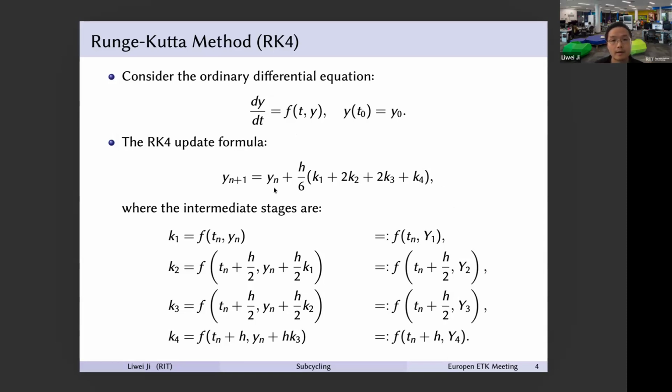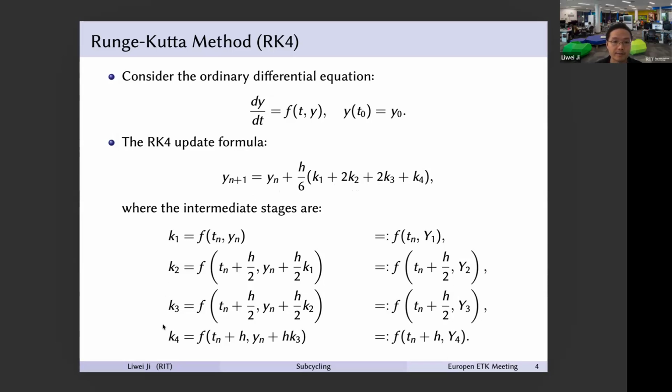Yn is the beginning of the current time step, and Yn+1 is the finish of the current time step. At the beginning, we have initial data Yn, and we prepare the intermediate right-hand sides, the Ks. Then we can use this expression to get y at the final time of the current time step.